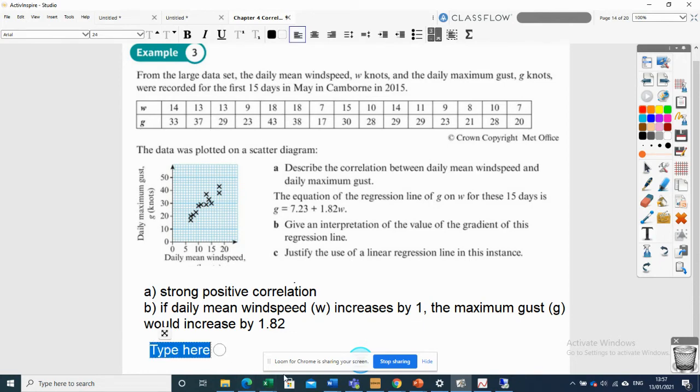Okay, and then part C, justify the use of a linear regression line in this instance. Well, we can use a linear regression line because we can see from the actual scatter graph that they follow an approximate straight line fit. So we can use a linear regression.